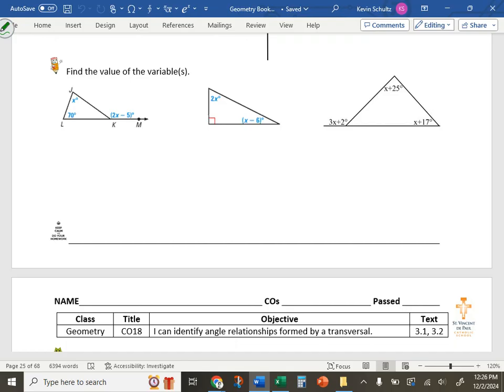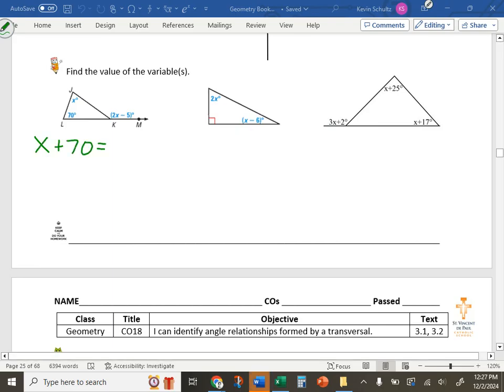So angle J and L is equal to K. Well, technically there are two angle Ks, because I'm talking about this one or that one. So you'd have to say the angle K on the outside. So x plus 70 equals 2x minus 5.